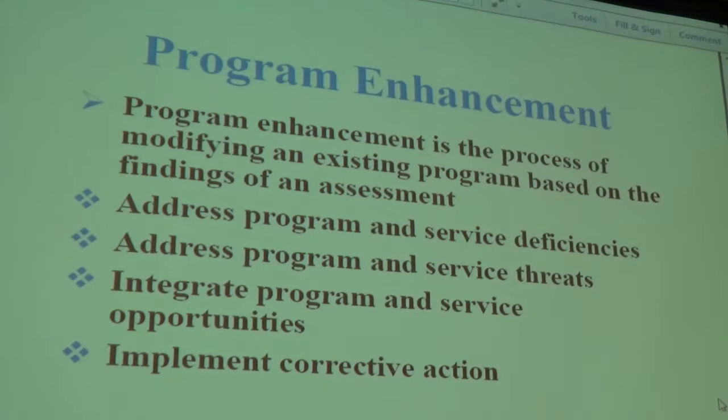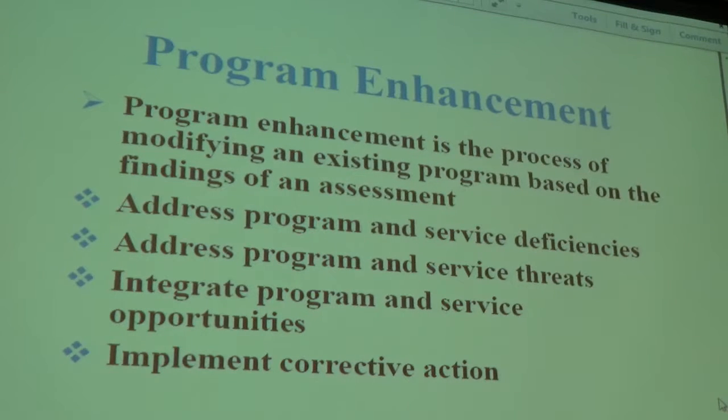What are the deficiencies in terms of, is revenue increasing or decreasing? Are expenditures being controlled? Are they being managed? So looking at the deficiencies or weaknesses, you then make recommendations for rectifying those deficiencies.